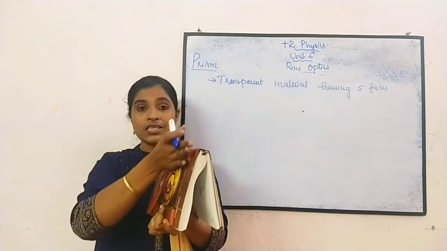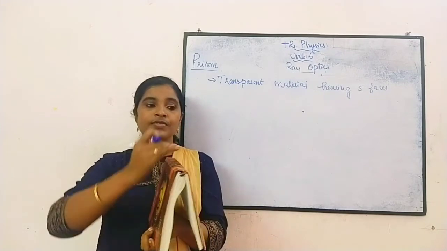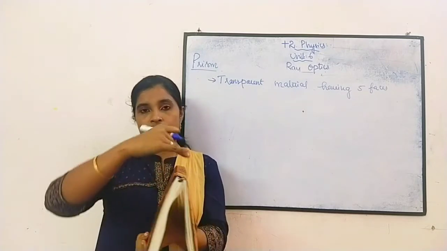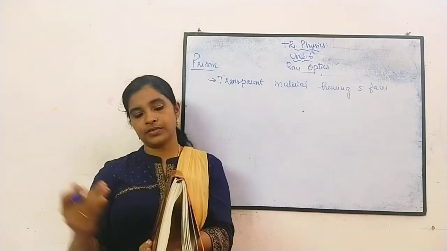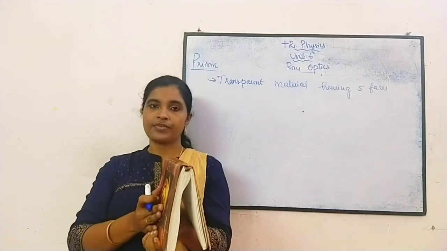So these 2 surfaces should be plane surfaces. These surfaces are called refracting surfaces, where light is incident and gets refracted.